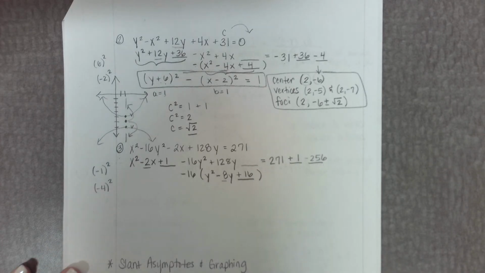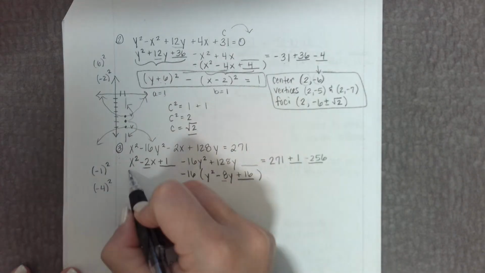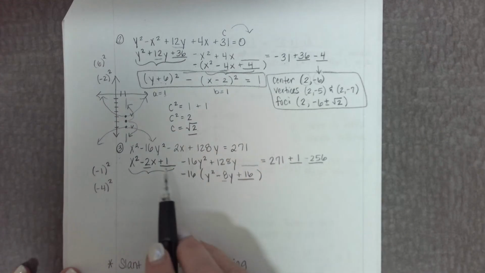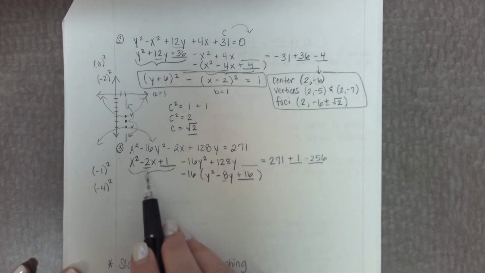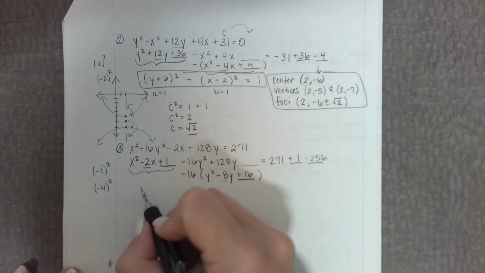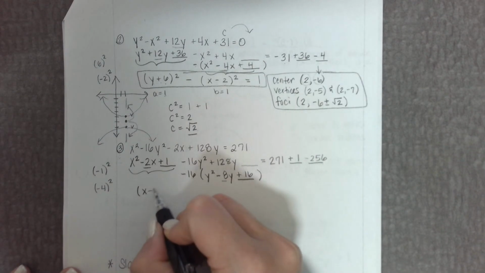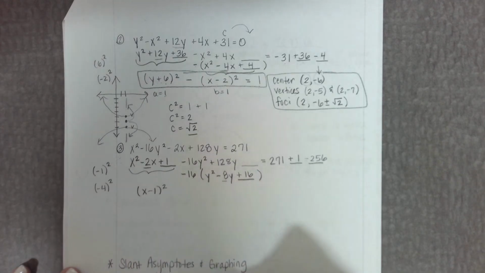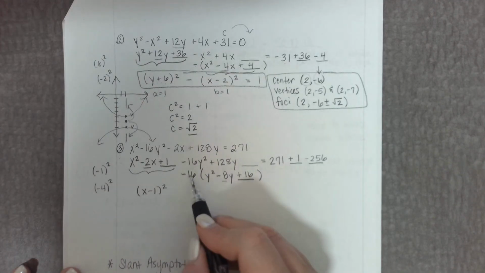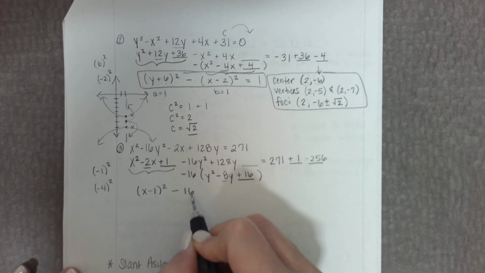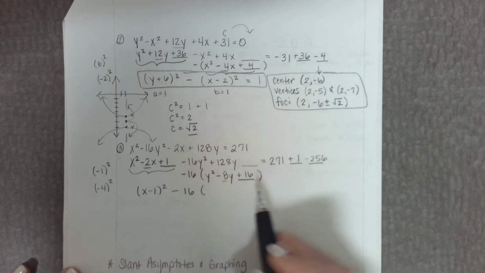Okay, now I'm ready to factor. So I factor this. What are the factors of 1 that add to give me negative 2? And that would be negative 1 and negative 1. So this would factor into x minus 1 squared. Okay, then you bring down your minus 16 right here. And then I'm going to factor this.